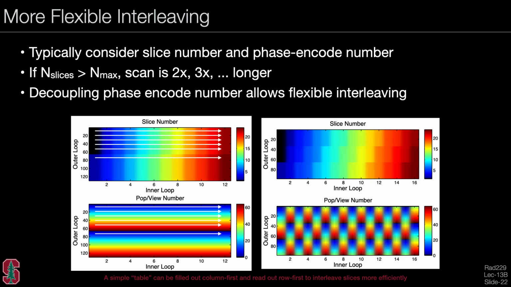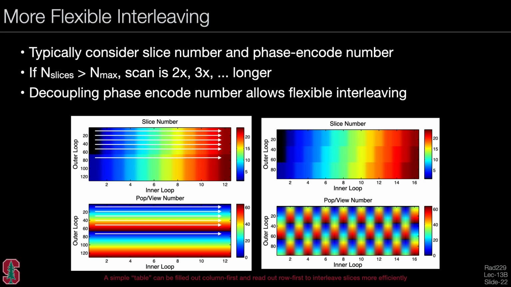So one of the things we might consider doing is decoupling the phase encode number from the slice number. Now we can look at this diagram on the right, and essentially what we see is that as we go across, we're going through the different slices, but for each slice we might play a different phase encode number.